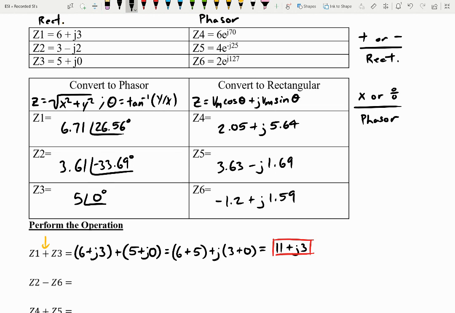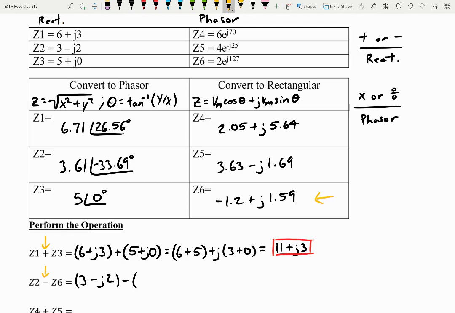Looking at the next bit, we have z2 minus z6. So we have subtraction, so we're going to use rectangular once again. So z2 we see is 3 minus j2. We'll subtract z6. So this is why I had all these conversions.